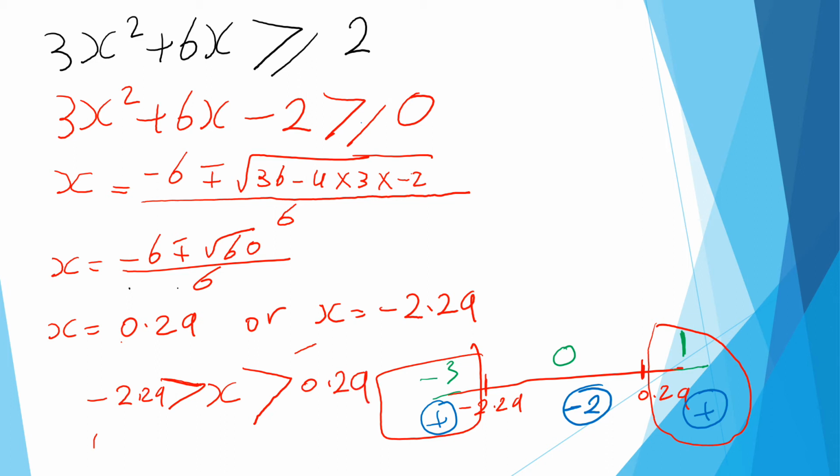So x is less than negative 2.29, because all these values give me positive, and x must be greater than 0.29 because that gives me all the positive values, and that's what we want, the positive values in here.